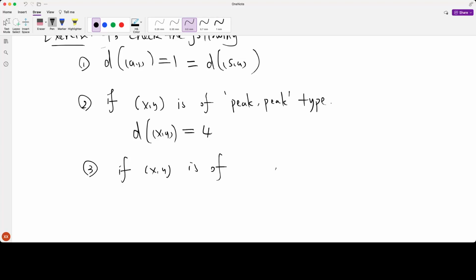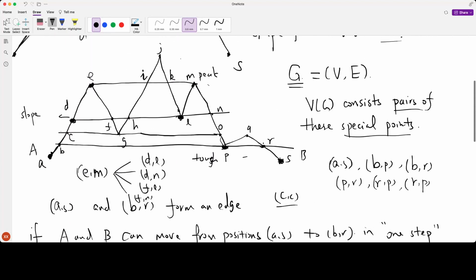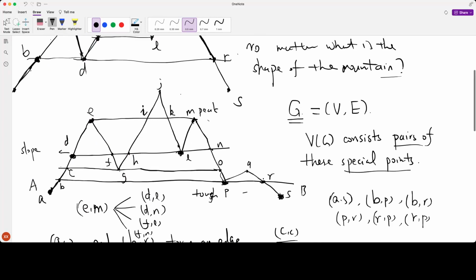Let's say lower point. This type. What's the degree? It's also 4, okay? It's also 4. Do you have two lower points? No, I don't have two lower points, but the proof is similar.